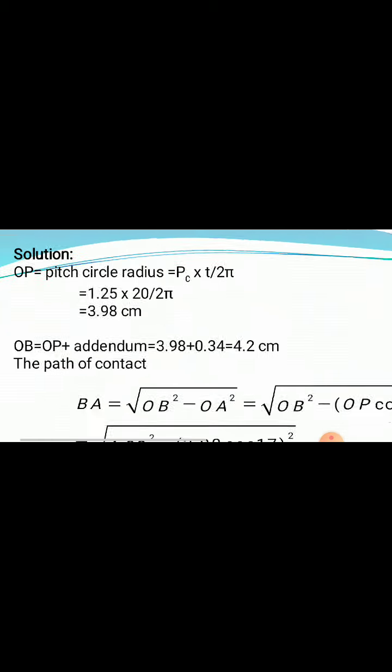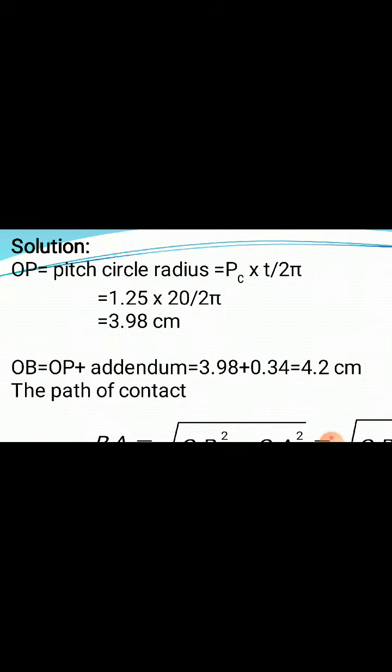Here we have to find out the pitch circle radius, so for radius, D is equal to 2 into r.